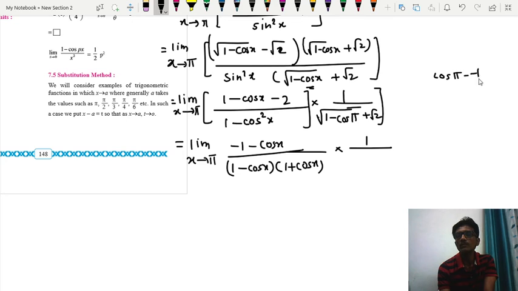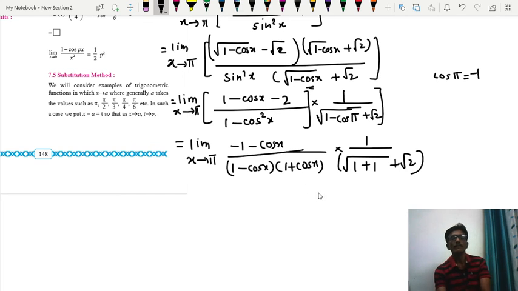Cos of pi is equal to minus 1. So this will be root of 1 minus of minus 1, it is 1, and plus root 2.